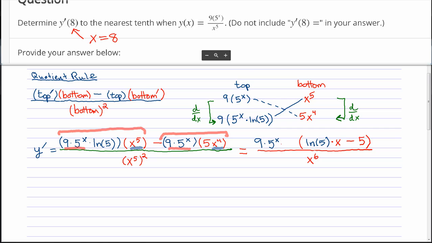Okay, now let's finish this thing up here. So now basically everywhere I see an x, I replace it by an 8. My final answer is not going to be a very nice number.